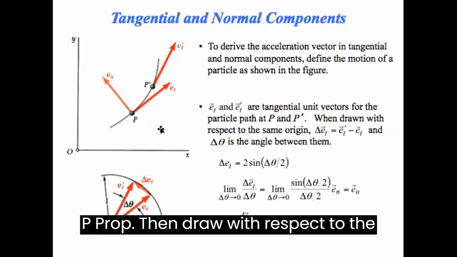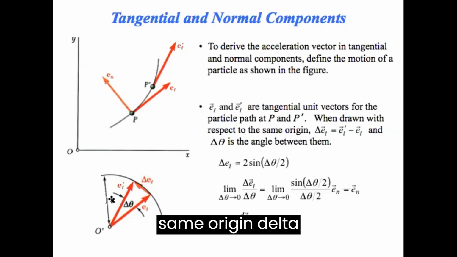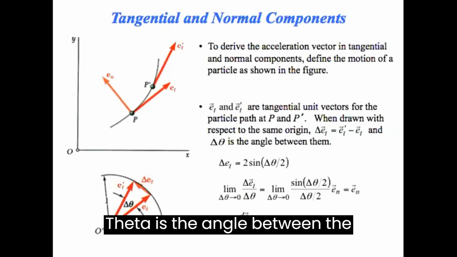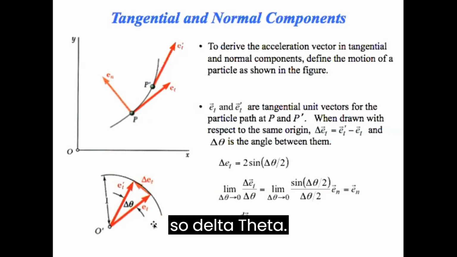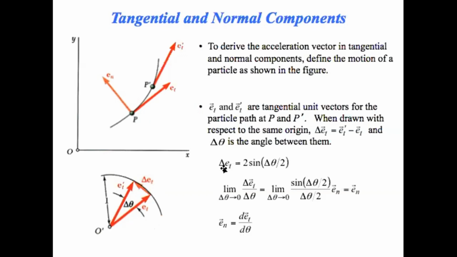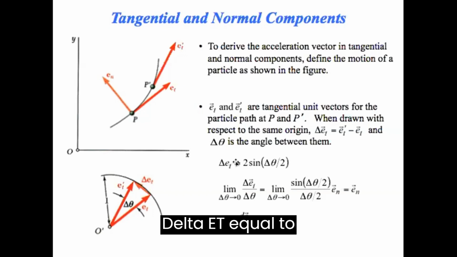When drawn with respect to the same origin, delta ET equals ET prime minus ET, and delta theta is the angle between them. So the magnitude of delta ET equals 2 sine delta theta over 2.